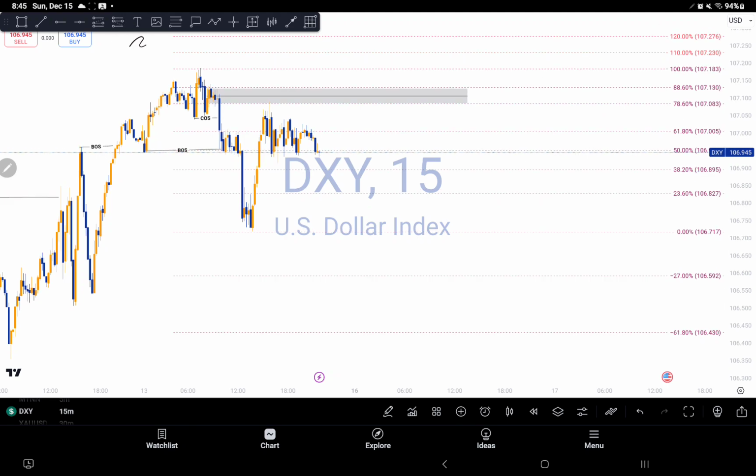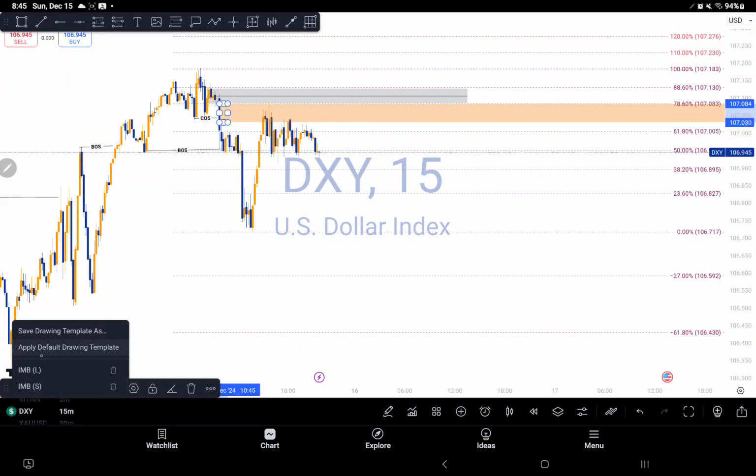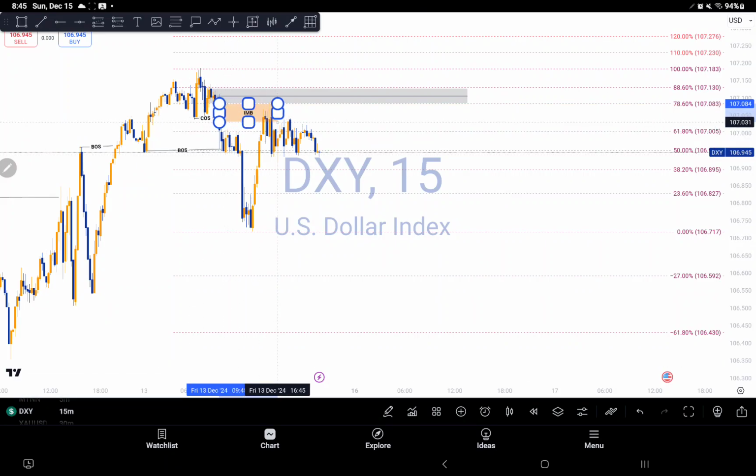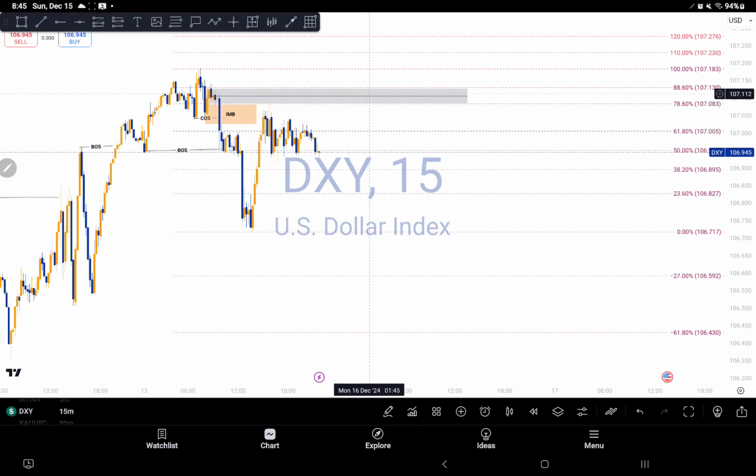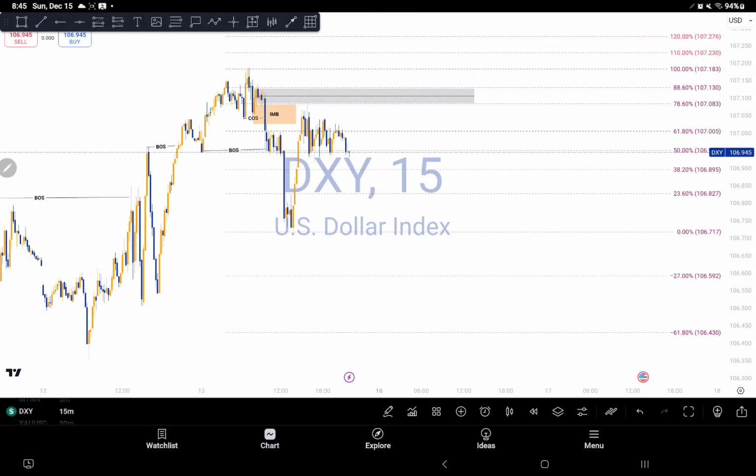We also had this imbalance that needed to be filled, from here to here. That is completely filled, right?